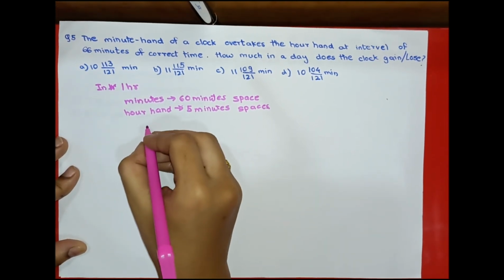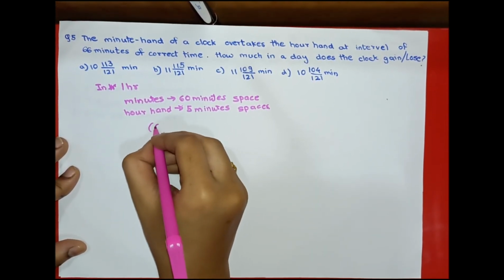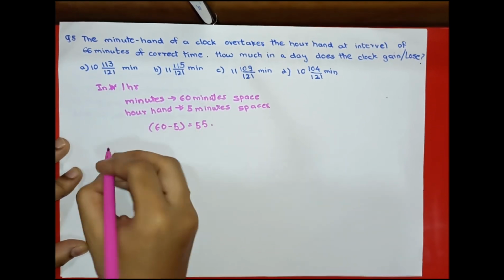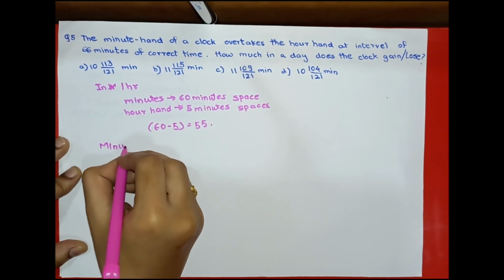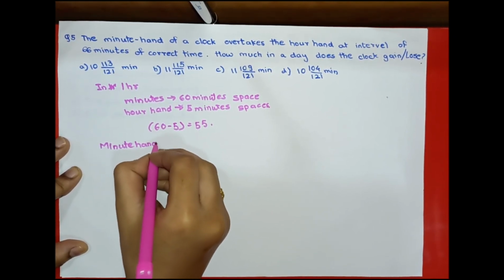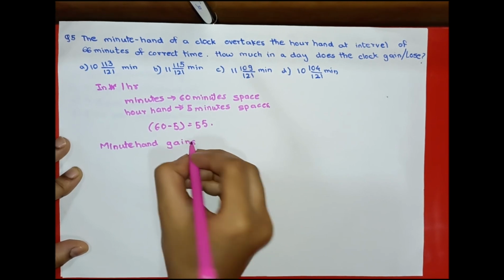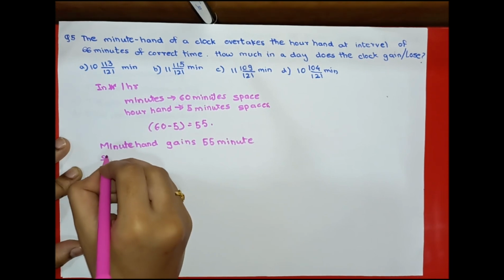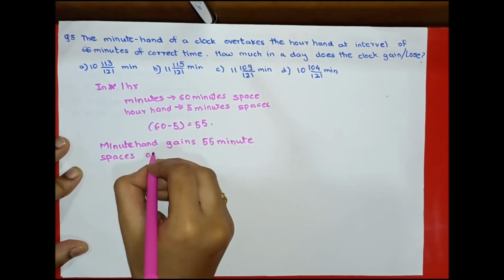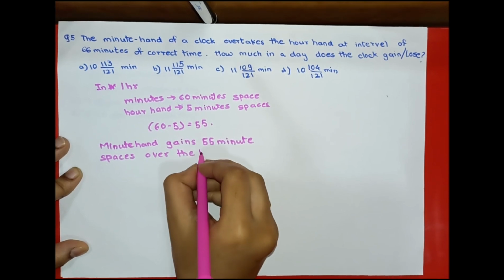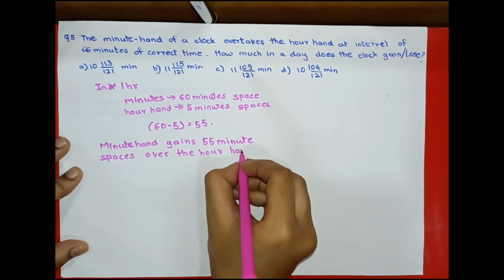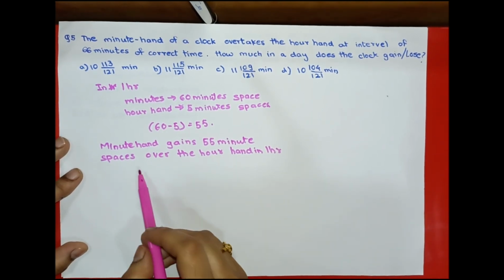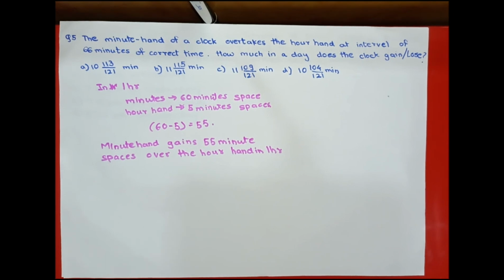Now how much more is the minute hand traveling? It is 60 minus 5, which is 55. So we can say that the minute hand gains 55 minute spaces over the hour hand in 1 hour.